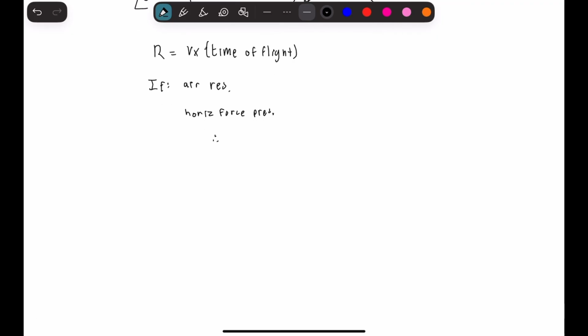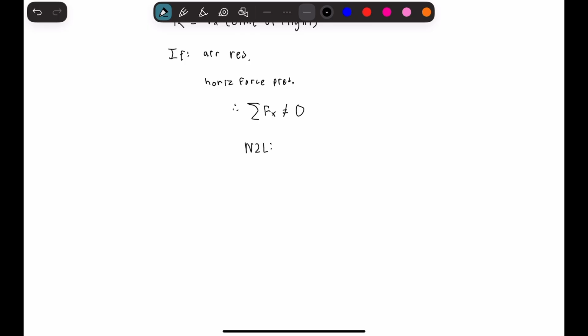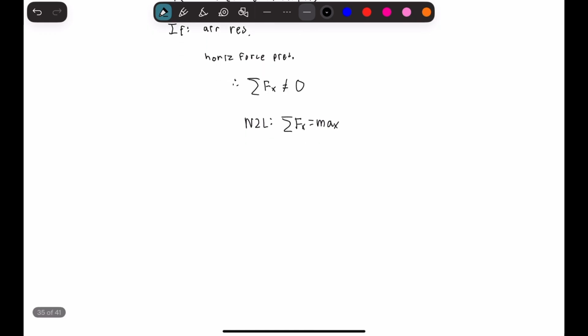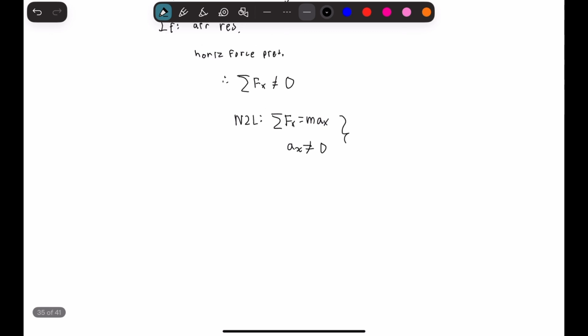That means that the summation of the horizontal forces is not going to be equal to 0. It's not going to be canceling out. So by Newton's second law, the summation of the horizontal forces equals mass times the acceleration in the horizontal direction, so ax, your horizontal acceleration, is not going to equal 0. So this is the first difference from ideal projectile motion.